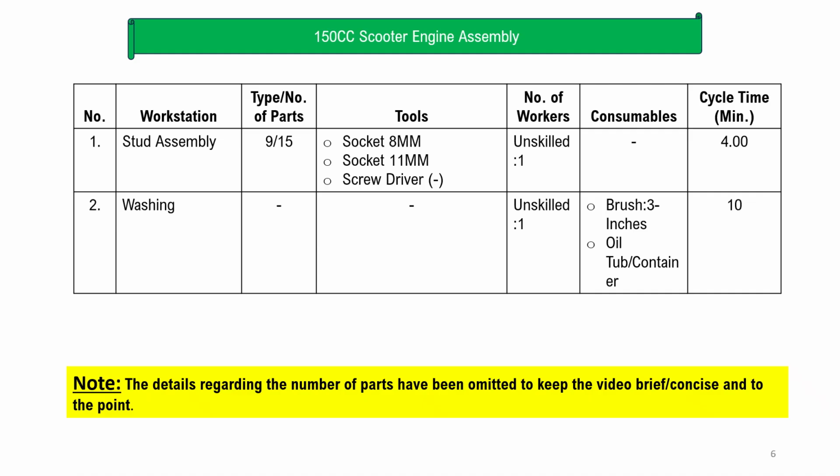The first process is stud assembly. Type of parts 9, number of parts about 15, and the tools required are socket 8 mm, socket 11 mm, screwdriver minus, and worker requirement is unskilled 1, and the cycle time is 4.0 minutes.